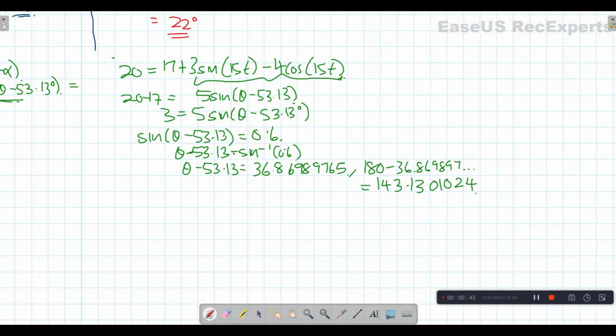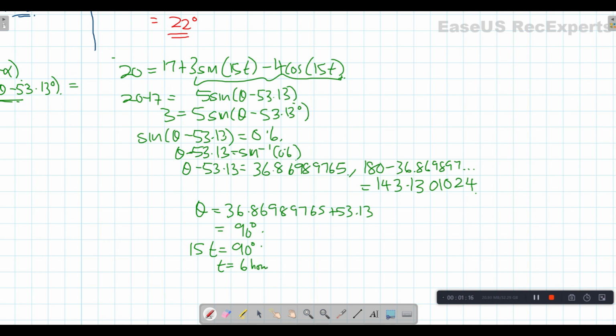So let's look at what we have. First, theta equals 36.86989765 plus 53.13, and this is close to 90 degrees. So close to 90 degrees theta is, so I'm going to take that and substitute into 15t. 15t equals 90 degrees, therefore t equals 6.